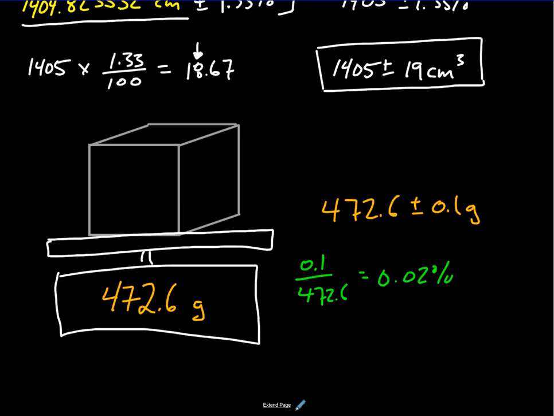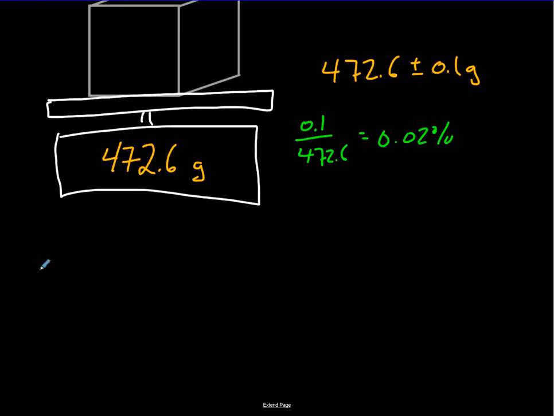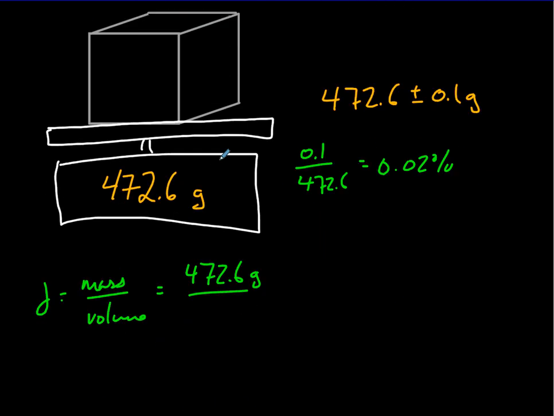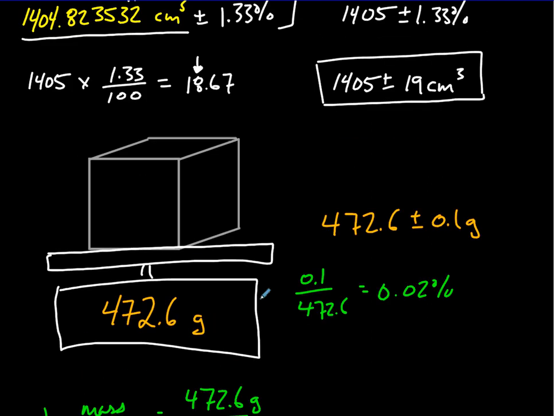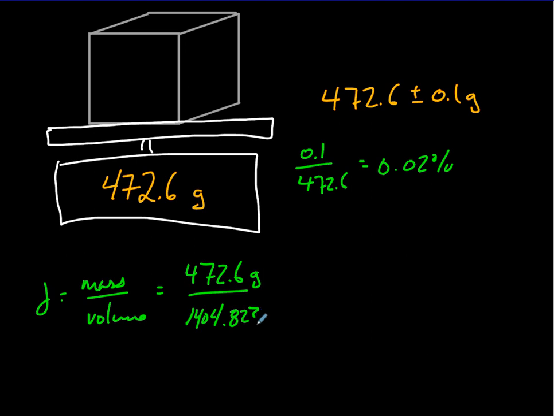Okay, now we'll do the density calculation. Mass over volume. All right, so our mass was 472.6 grams. And we have 1404.82.